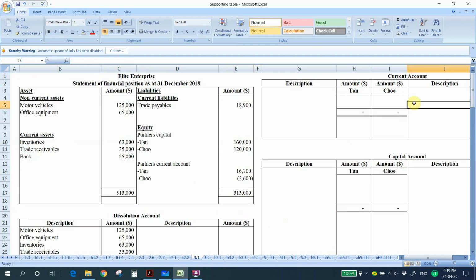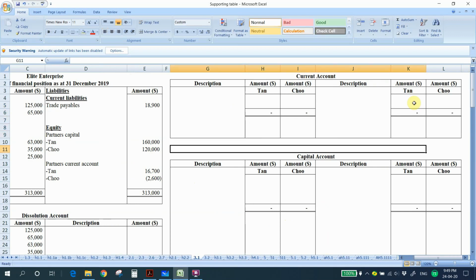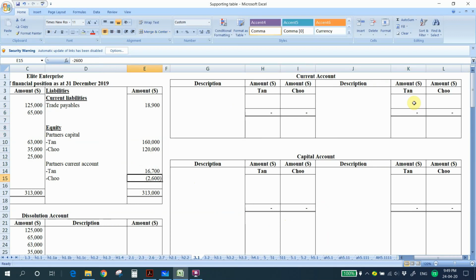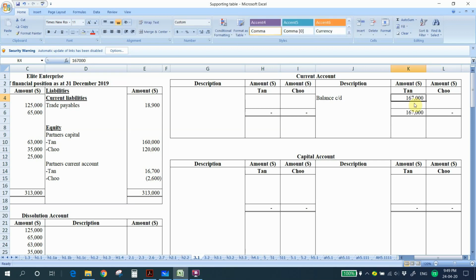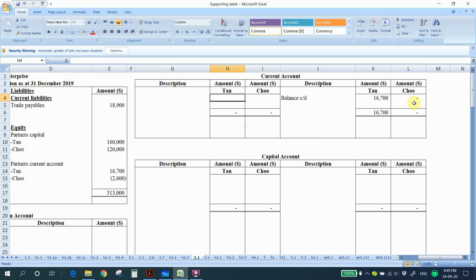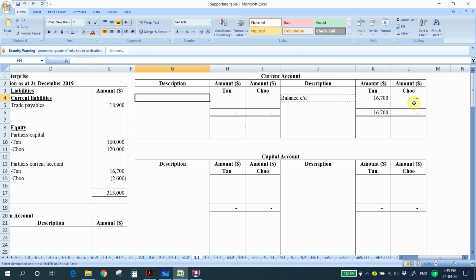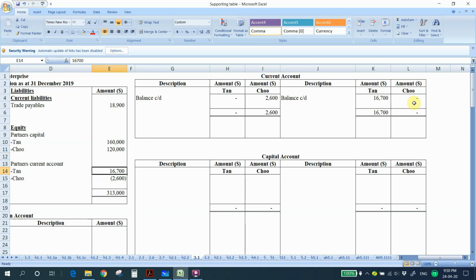And for the current account, Dan is positive and Chu is negative. So the balance for Dan is on the credit side, and for Chu is a debit balance. I emphasize again, for current account, if showing a positive value, this is on the credit side.